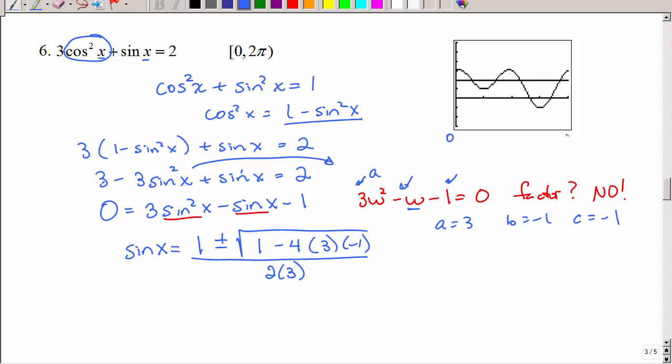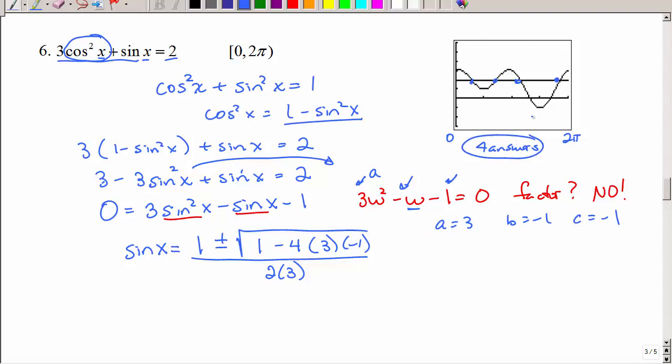Your interval is between 0 and 2 pi. I graphed this and y equals 2, and they intersect 1, 2, 3, 4 times. You should get 4 answers.